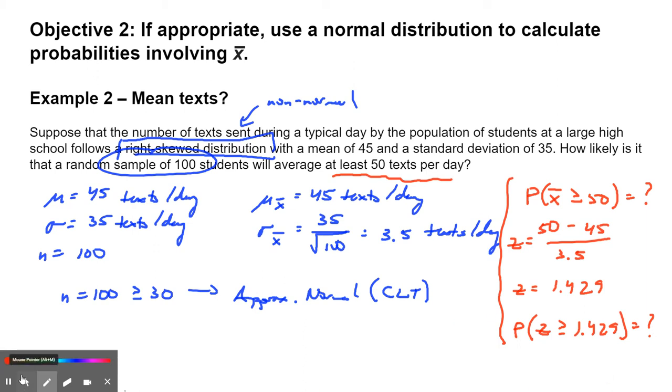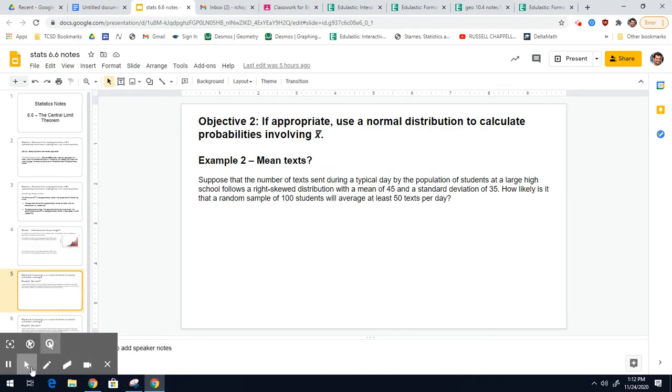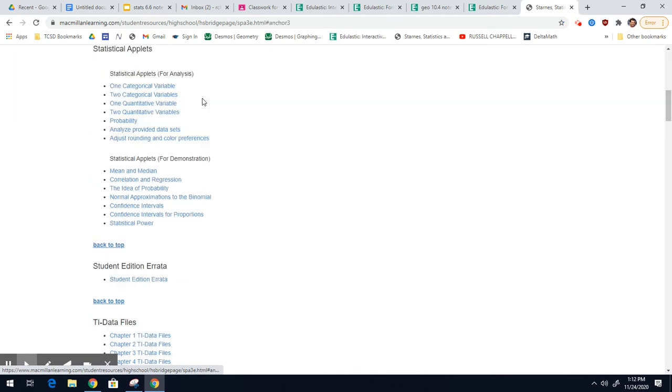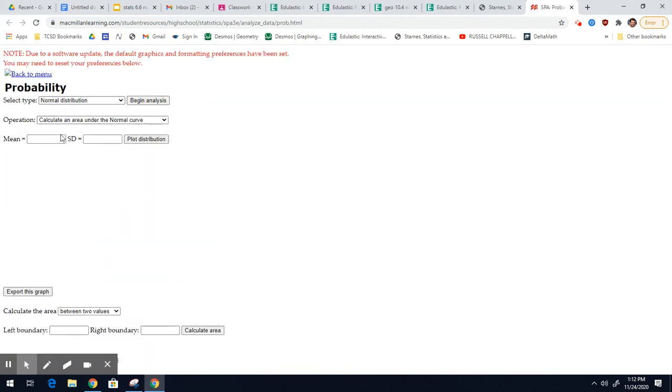Okay, so let's go to the probability stats applet. Statistics, probability. This is a normal distribution. We're calculating an area because we're finding a probability. Our mean and standard deviation is always 0 and 1. There's my standard normal distribution. My inequality symbol is a greater than or equal to.